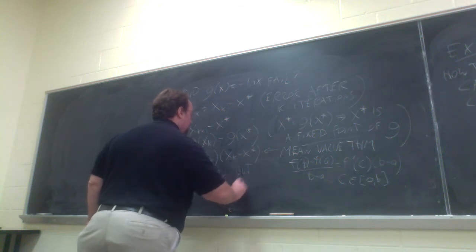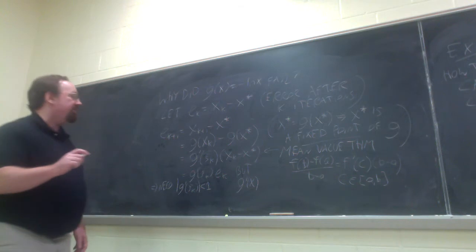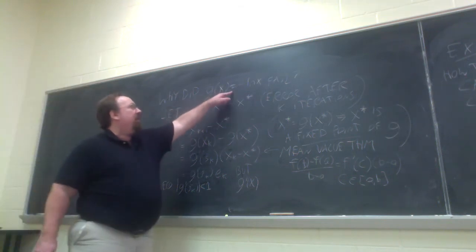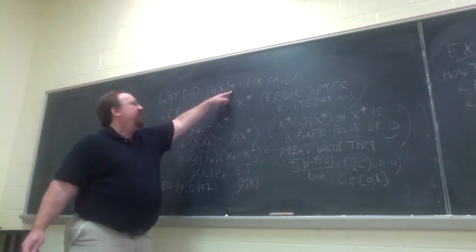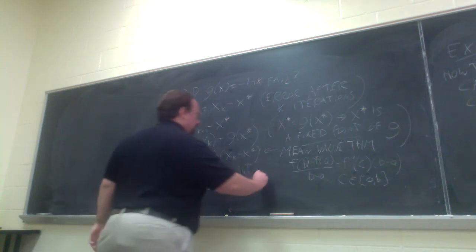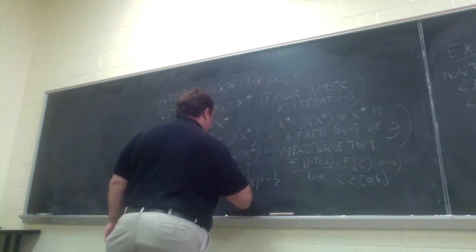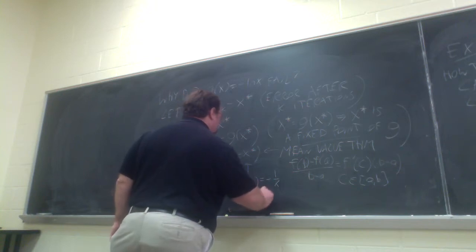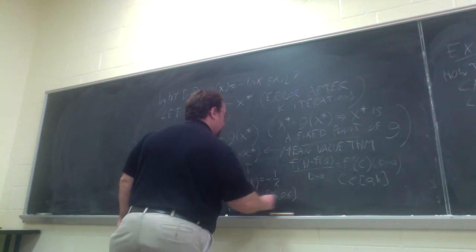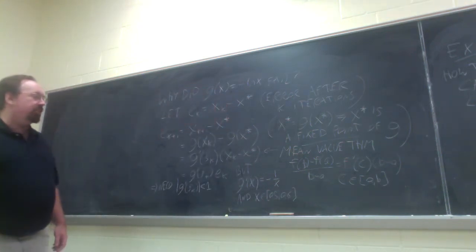But in this case, in our example, g is equal to minus natural log of x up here. What's the derivative of this? Well, the derivative is minus 1 over x. And our x values that we're considering are intervals between 0.5 and 0.6.